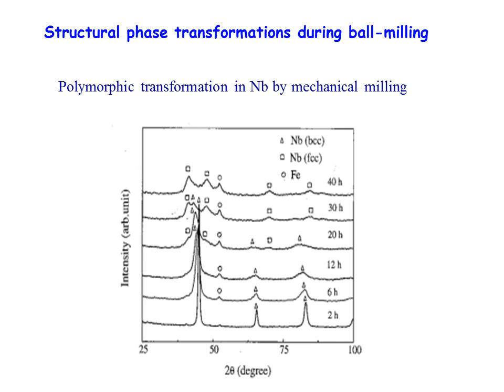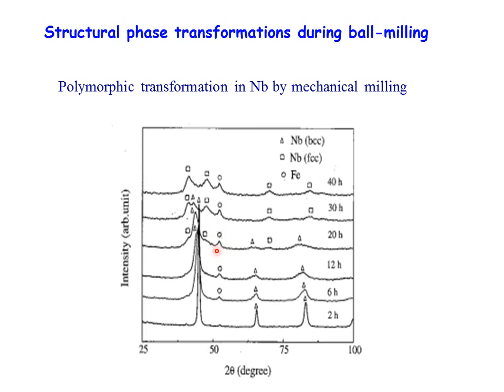Different phenomena can take place during milling. One is phase transformation, crystallographic phase transformation. Here you have the case of a sample made of niobium, that is a BCC crystal, and after extensive milling, here you have the number of hours, we start to see some new peaks which correspond to the FCC phase of niobium.